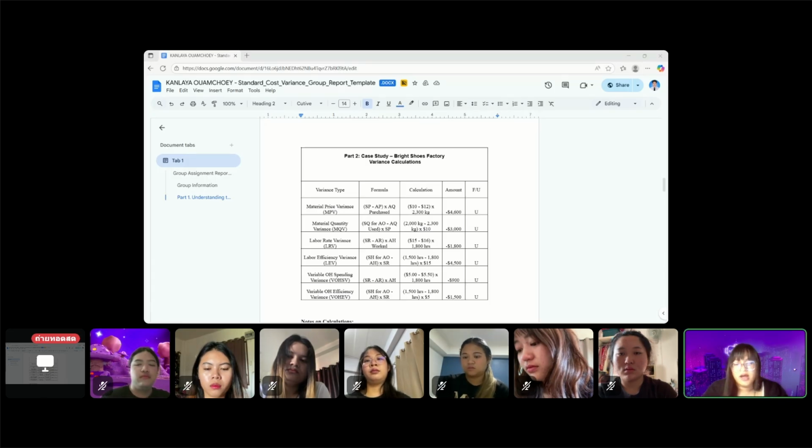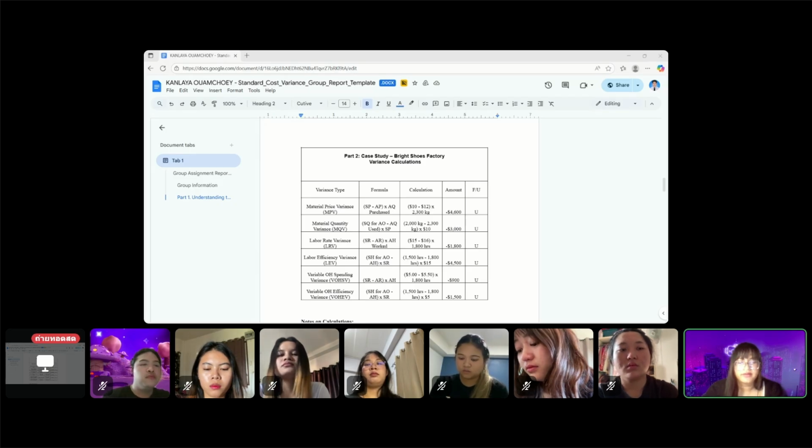And the second, the variable overhead efficiency variance, is directly linked to the labor efficiency problem that we just explained, because the variable overhead is applied based on labor. When the labor is inefficient, we use more overhead.